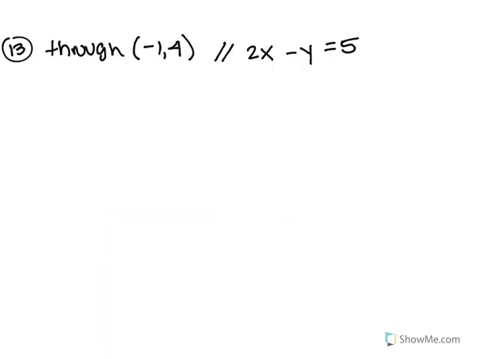Oh, hold up. Let's change that point. I was wondering, like, I skipped the problem. Let this point be 3, negative 2. I was looking at that like that's the same. Sorry about that. We're going to go through the point 3, negative 2, but parallel to 2x minus y equals 5.